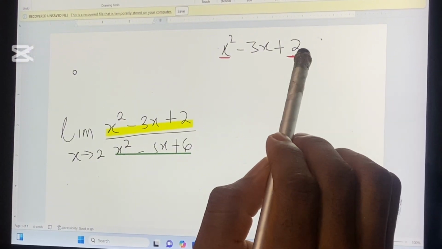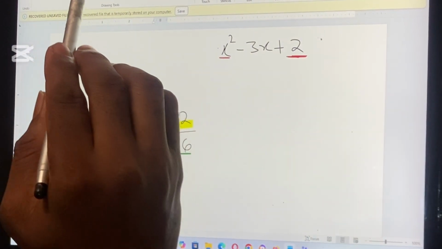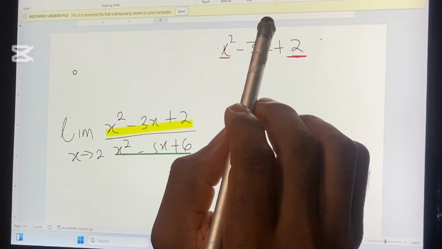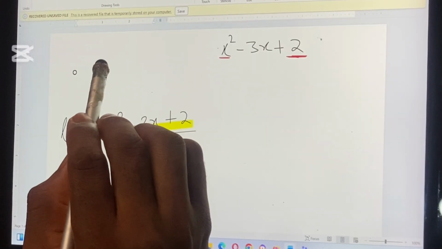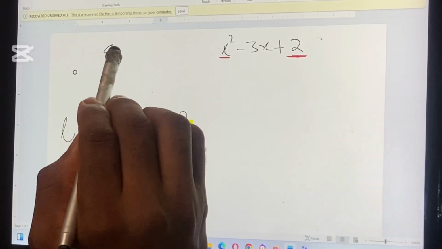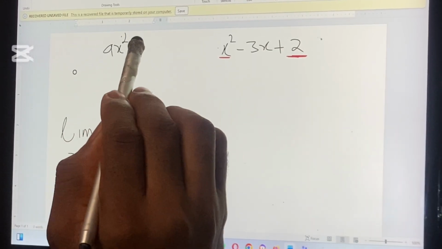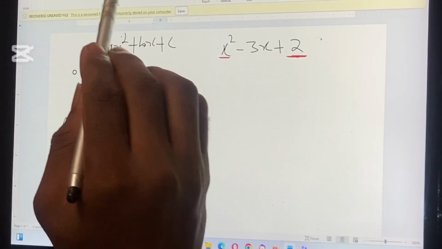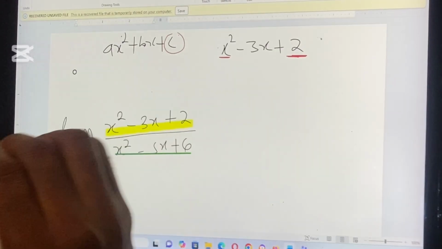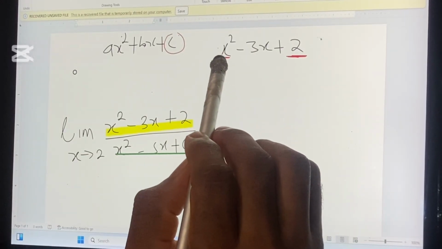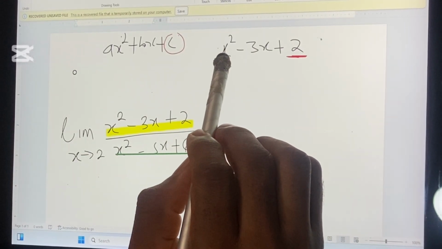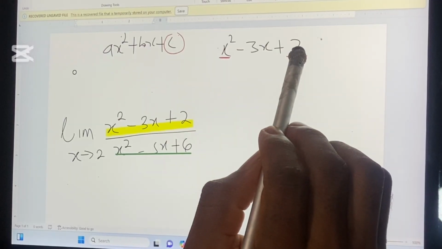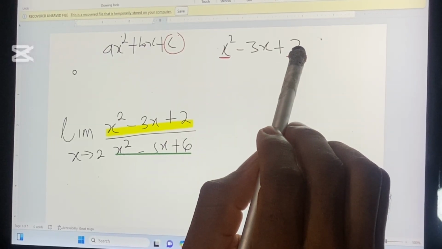This is the constant part. If you relate this with the general format of a quadratic equation, that means we have as squared plus bs plus c. Please take note. So this part here is the constant part. So multiply the coefficient of s squared with the constant part to get the target value or factor.